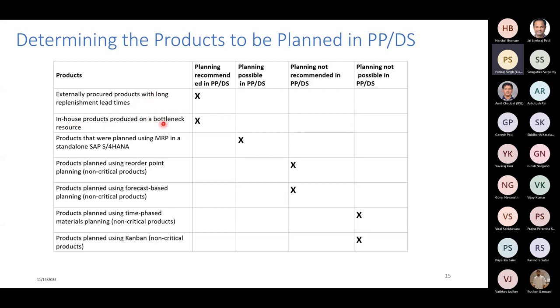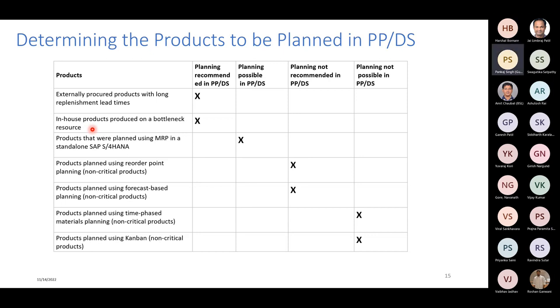Then, in-house produced bottleneck resource. Even in terms of FGs, my company can have, let's say, 1000 FGs, but out of those 1000 FGs, there are 100 FGs which are produced on a lathe machine, which is a bottleneck.